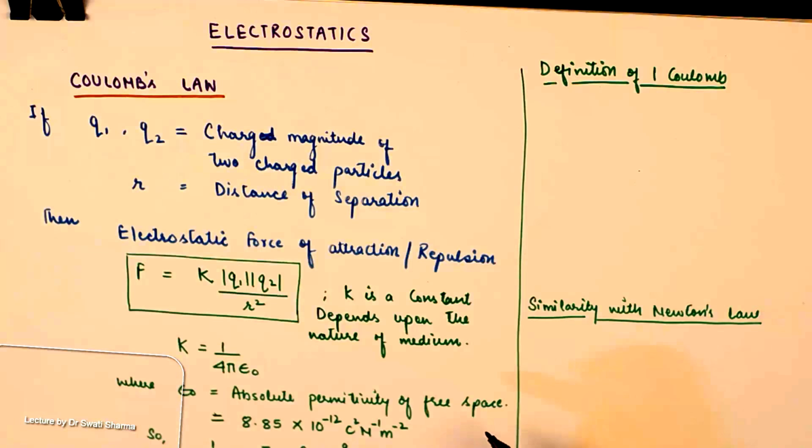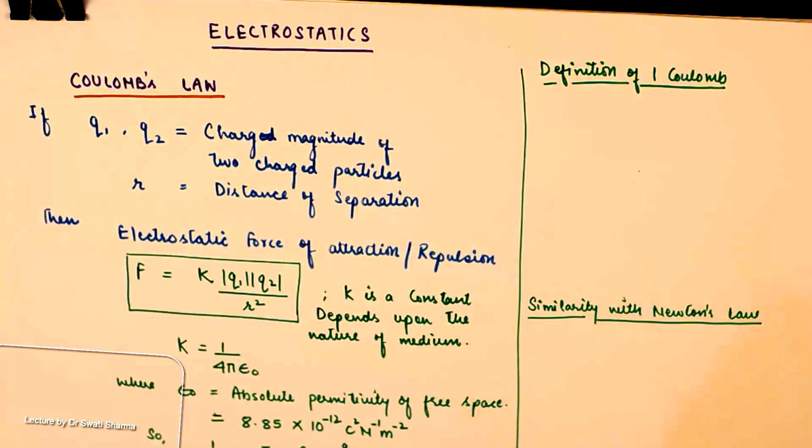These forces existing between various charges are given by none other than Coulomb, and are known as Coulomb's law. Coulomb's law tells us about the magnitude and the direction of the force existing between two charges.